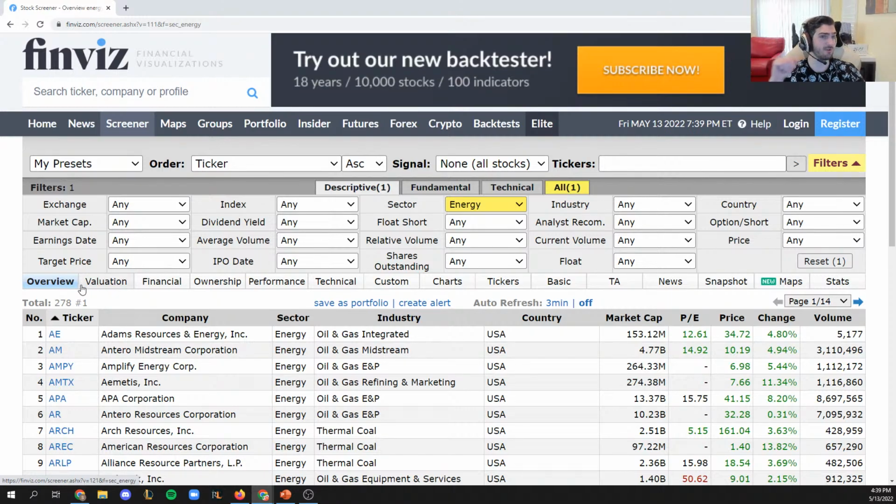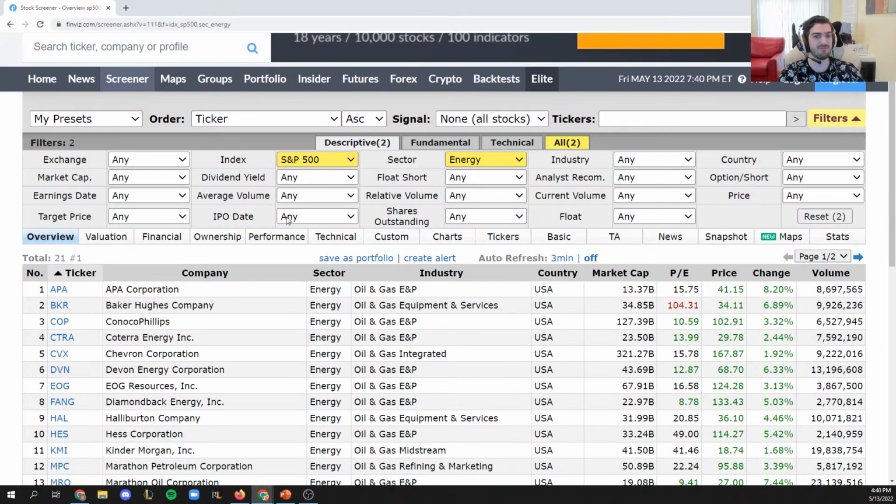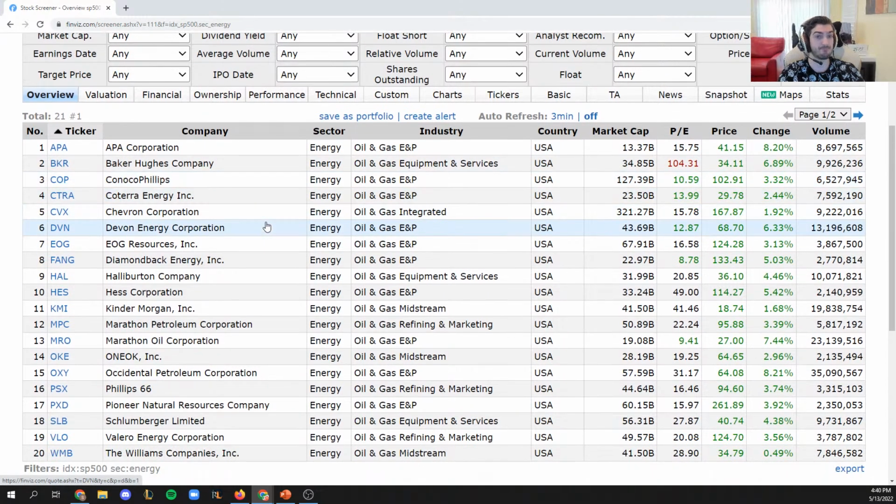We can do some fundamental or some technical analysis, some combination of the two, or if we don't feel like having this many options, we can sort down by only the S&P 500. Here's 21 companies, and it's a lot more manageable to go through 21 companies and find the ones we might be interested in.